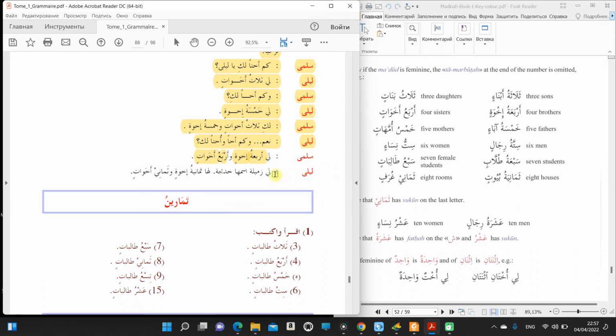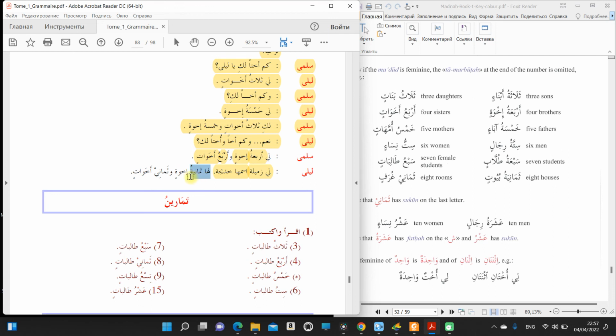And Layla says, Li zamilatun ismuha Khadija. Zamila might be translated as a peer or as a classmate. Let's say I've got a classmate. Her name is Khadija.